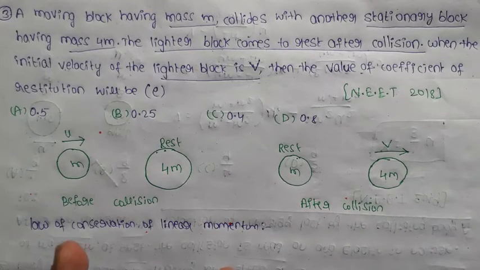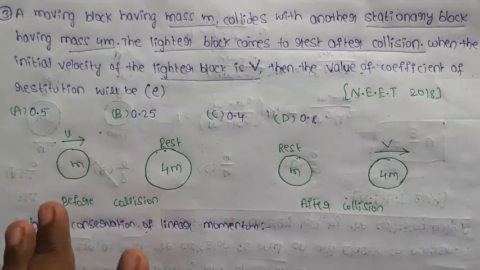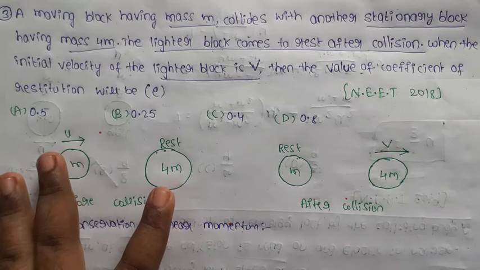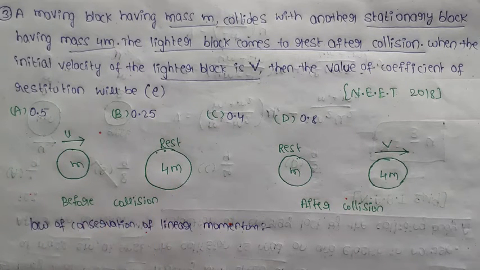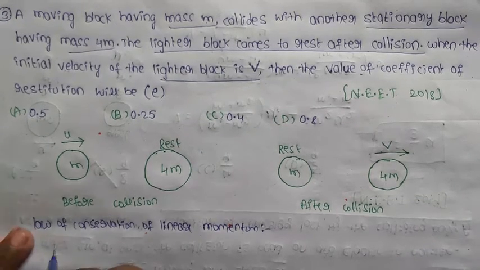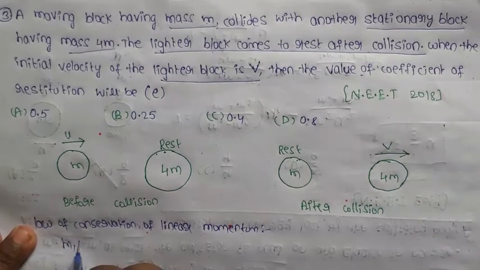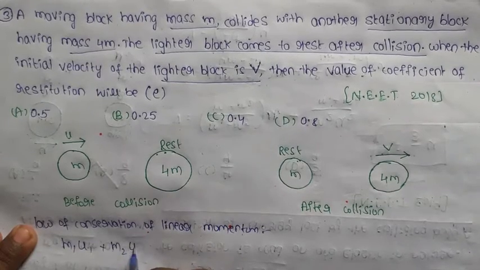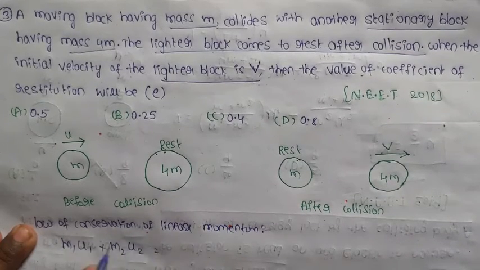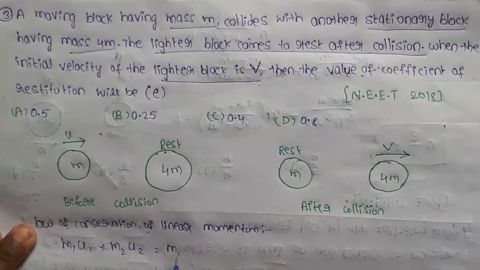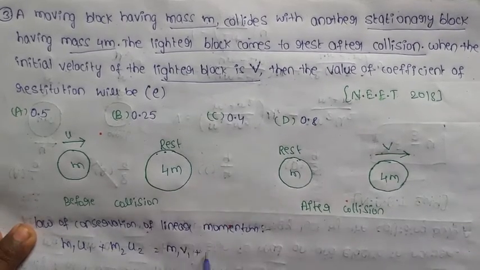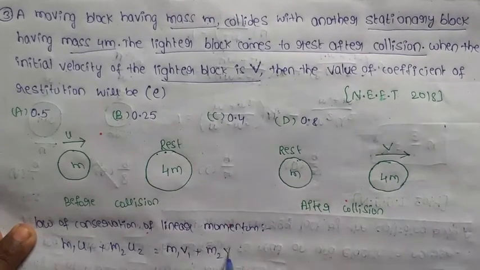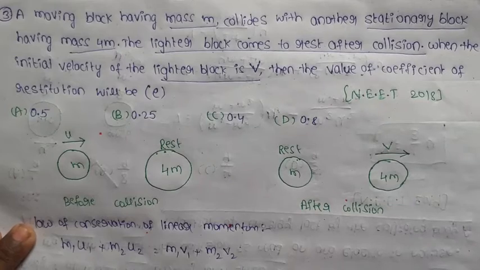So I am taking m1 u1 plus m2 u2 as the before collision, and m1 v1 plus m2 v2 as the after collision.